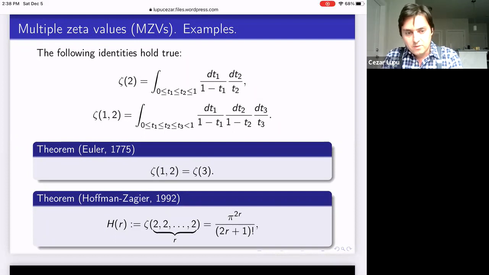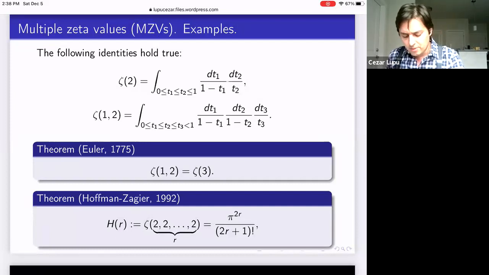They proved this equality: zeta of 2, 2, ..., 2, a string of r twos, has an exact formula, pi to the 2r over (2r plus 1) factorial. Of course, if r equals 1, you get Euler's formula: zeta of 2 is pi squared over 6.